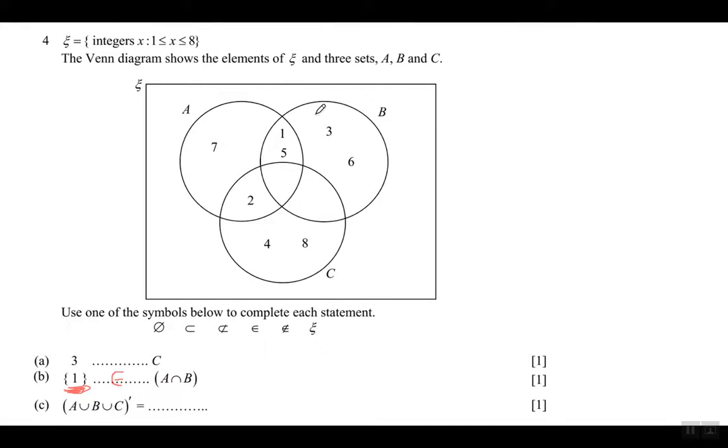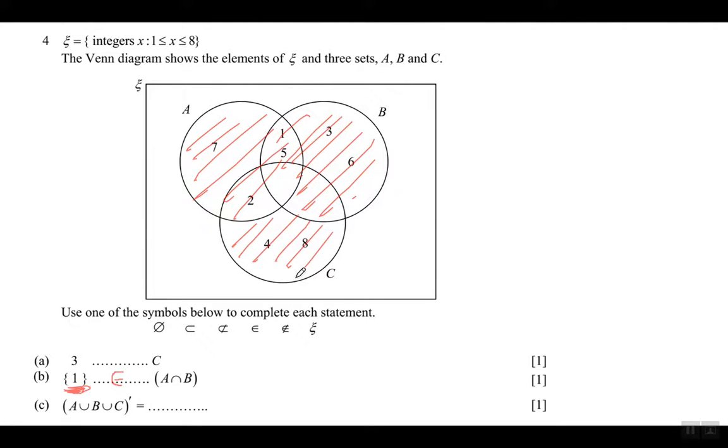C: A union B, which is the whole thing, union C, which is everything, and with that little dot over there, it means it's outside of the whole thing. So it is just the opposite of what I've shaded, and it is equal to nothing, because no numbers are there.